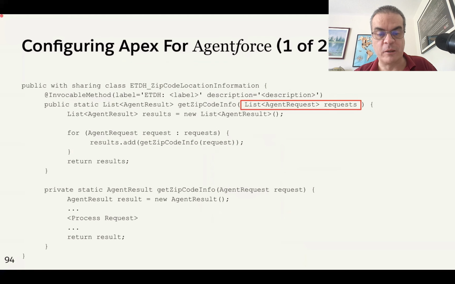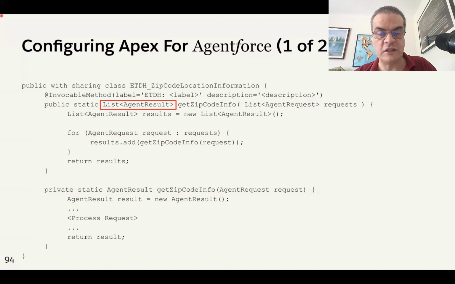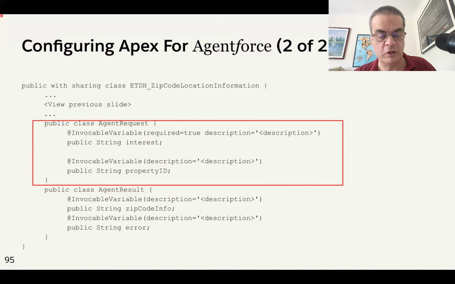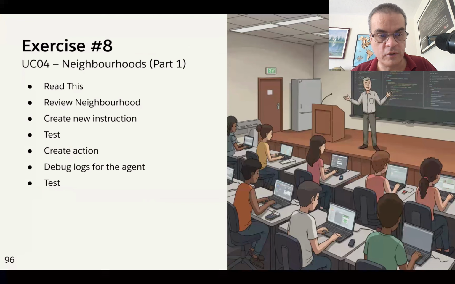It takes a list of parameters, which is going to be one parameter, but it should always be treated as a list of parameters. To handle them, you put that inside a loop. You're going to return a list of results, and the results and the requests are defined within your Apex class as well. The variables in there are called invocable variables for the request and for the result. All right, so that's exercise number 8.